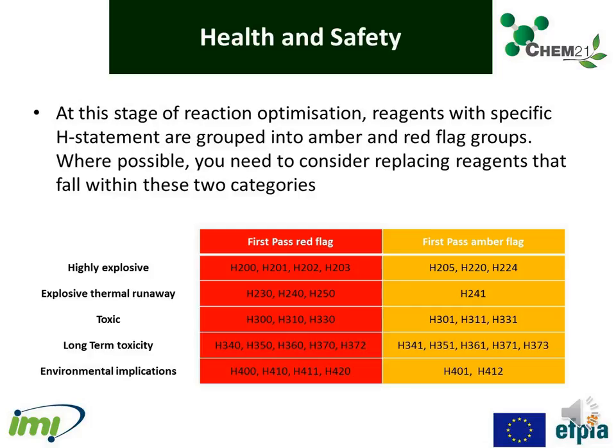Health and safety, as with solvents, has a more stringent assessment at first pass. The H codes that will either give a red or amber flag are shown on this slide, and ideally you want to look at replacing reagents that fall within either of these categories where possible.